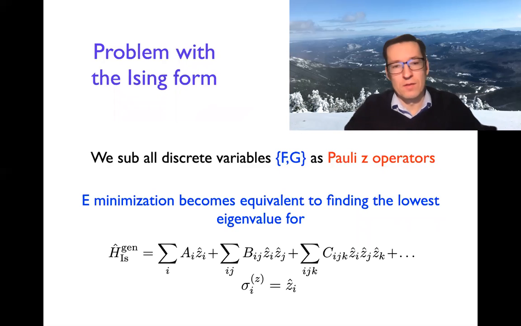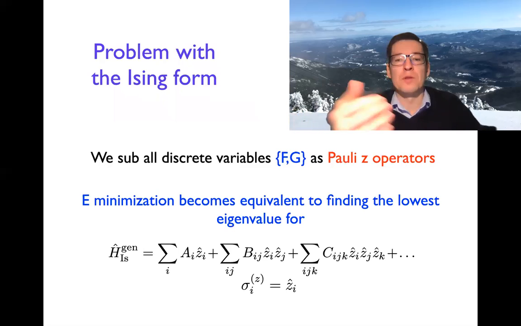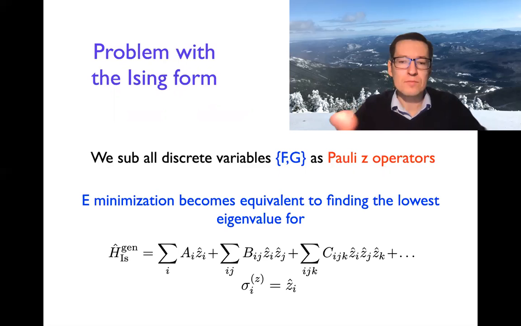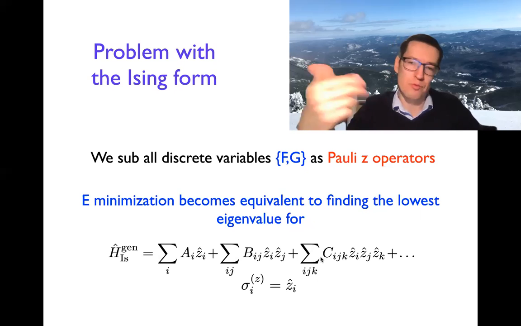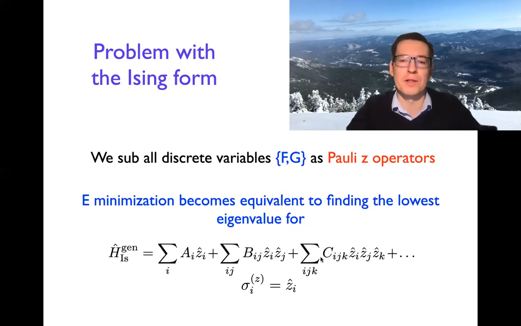And the optimization process can now be seen as finding the lowest eigenstate of this generalized Ising Hamiltonian. Why generalized? Because when we do this folding, we introduce f and g functions, which we substitute by Pauli z operators, right? So here I just redefined for a shorter notation. Instead of sigmas, I'll be using z's, right?